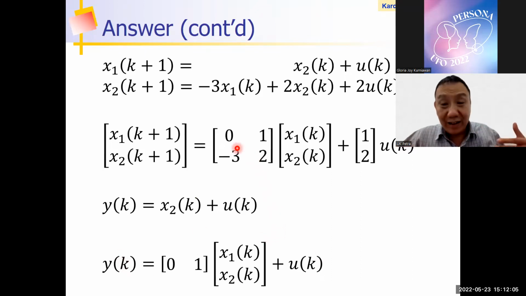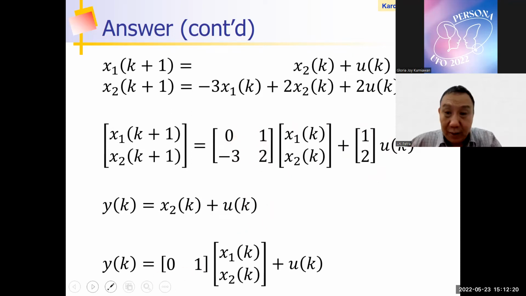But if you run it, you will get exactly the same result. So the matrix representation is not unique. As long as you put them together, you will get exactly the same result.